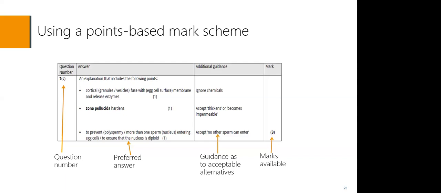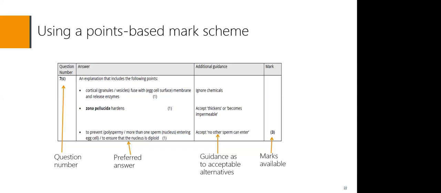Note that 2 types of additional guidance are provided: ignore and accept. These are self-explanatory, but in this example, chemicals would not be accepted in place of enzymes. In contrast, in the second marking point, thickens or becomes impermeable would be accepted as alternatives to hardens for the zona pellucida.